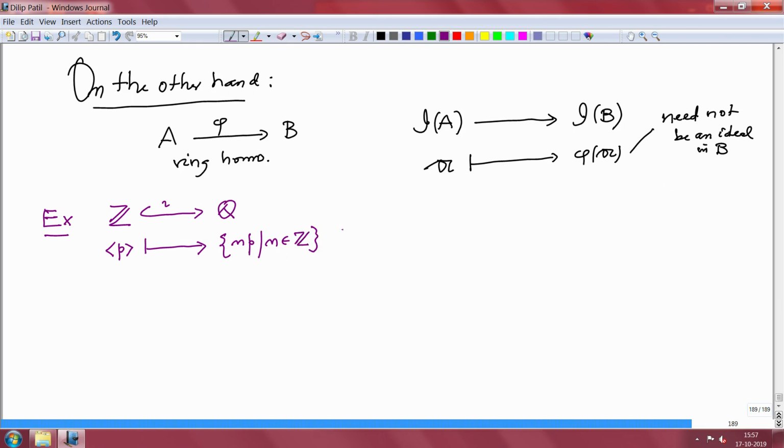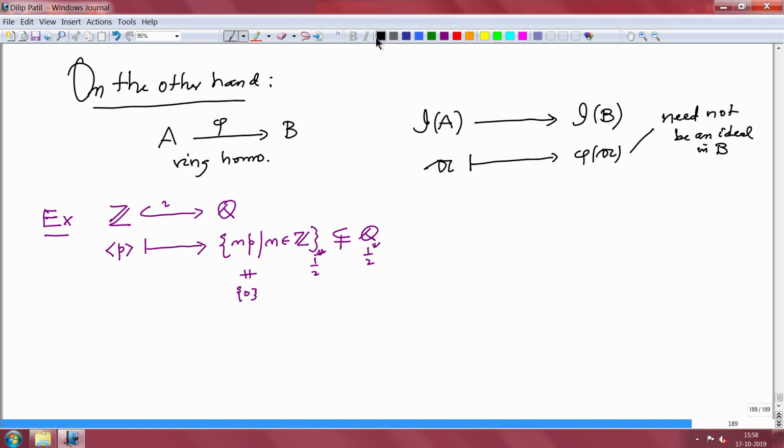But this is definitely not Q, because half is not here. And it is not the singleton 0 either. So, it is in between. That cannot be an ideal, because we have seen in Q there are exactly two ideals, the 0 ideal and the whole ring. Therefore, the image cannot be an ideal in general.